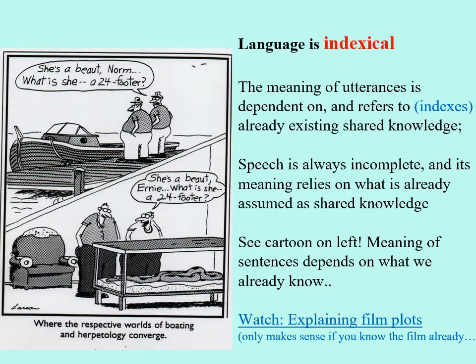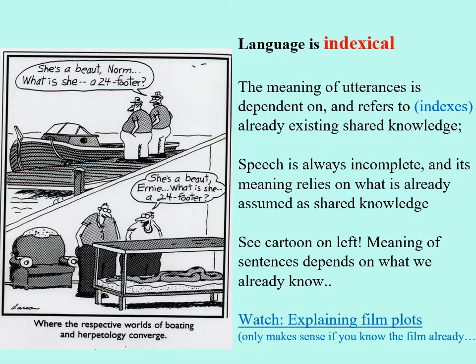If you look at the cartoon on the left, take a sentence like, "She's a butte gnome, what is she? A 24-footer?" Now, what does this sentence mean? It could mean a lot of things. If you are looking at a boat, then they are talking about the boat. But if you are looking at herpetology, people who fancy snakes, then they are going to talk about their pet animals.